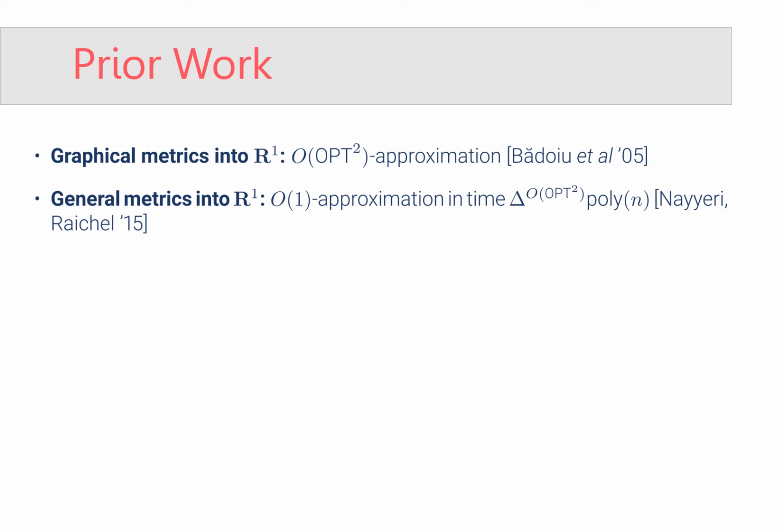Furthermore, Nayyeri and Raichel in 2015 showed that there actually exists a constant approximation algorithm. However, the time depends exponentially on the optimal distortion, and the base of the exponent is the spread of the metric. This is the ratio between the largest and smallest distances within the metric space.